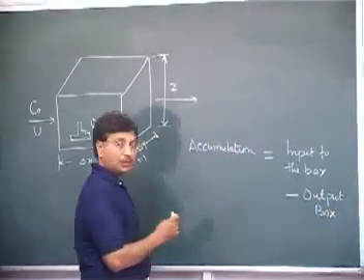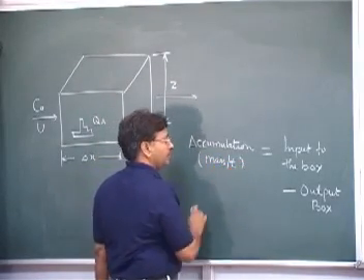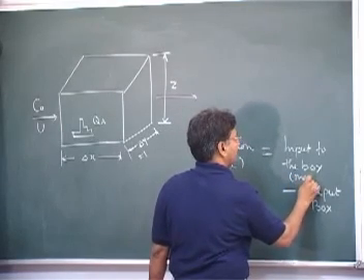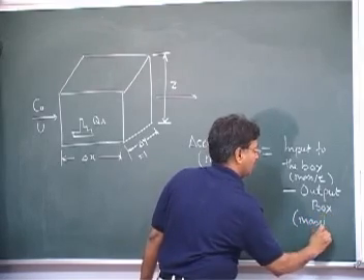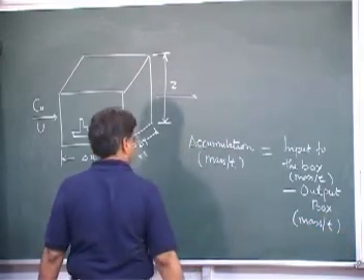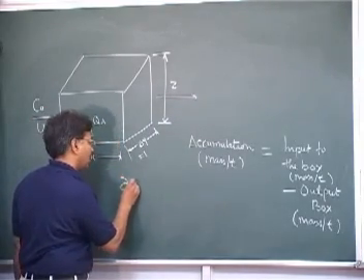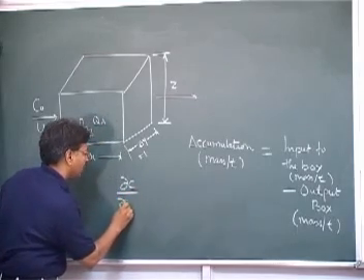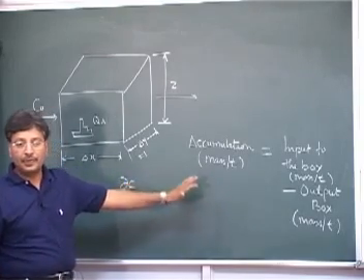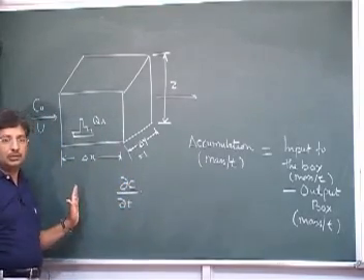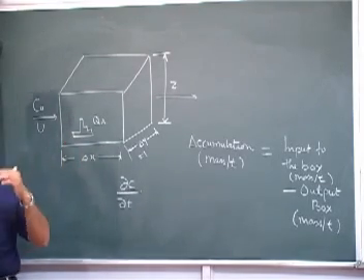In units, since we are doing the mass balance, it should always be mass per time. So accumulation, I'll directly write in differential form, del C by del t. I have to get the units to mass per time. So what do I multiply here? The volume of the box, right? We are inside the box.